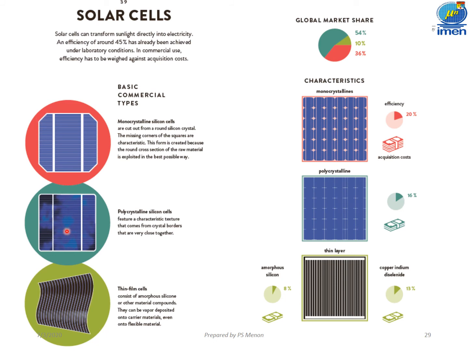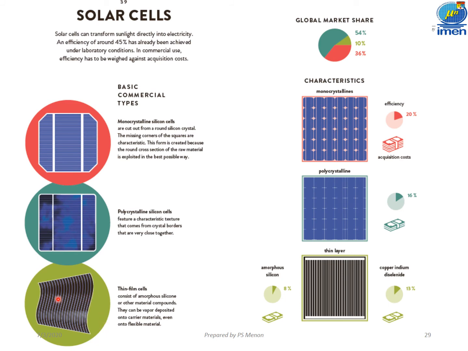Polycrystalline silicon cells feature a characteristic texture that comes from crystal borders that are very close together. It's different from the monocrystalline because that is from a single wafer, while this is maybe from multiple wafers.